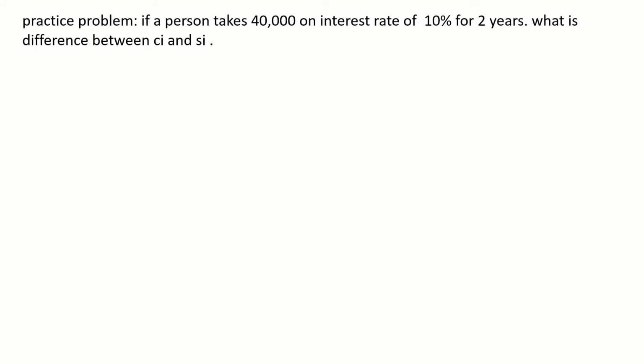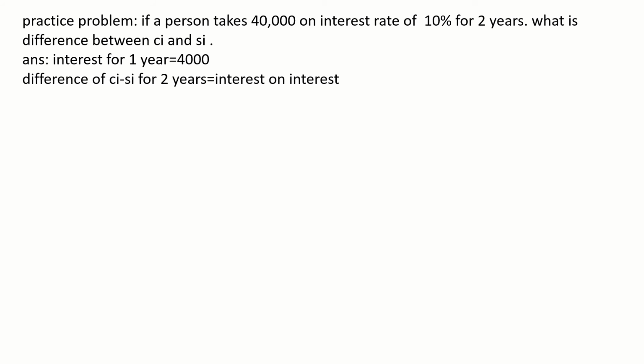Suppose a person takes 40,000 at an interest rate of 10%, not 10 years, sorry, 10% for 2 years. What is the difference between CI and SI? For the first year he gets 4000 as interest, and the difference between CI and SI for 2 years is interest on interest. Another problem where we have seen this type of thing.